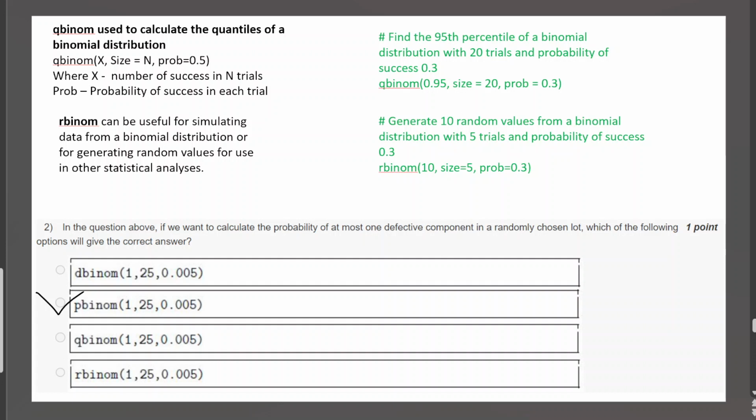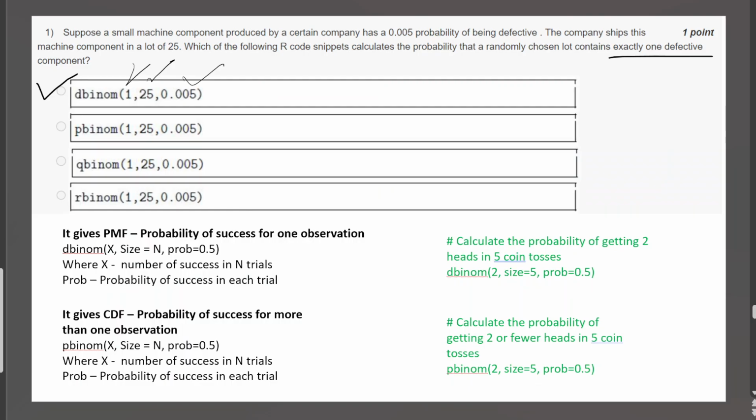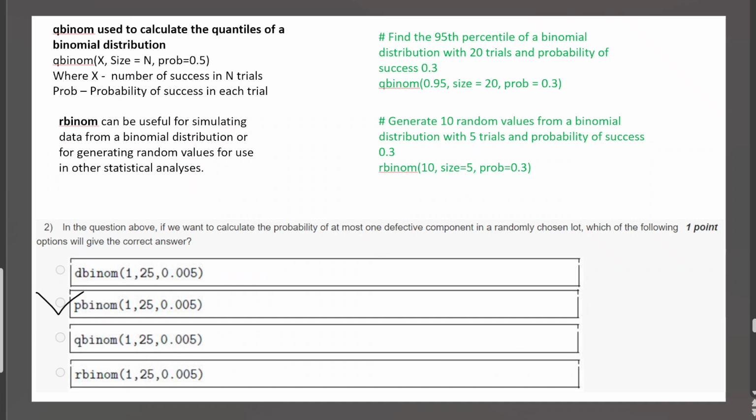I have not discussed this qbinom so far, right? Like pbinom, qbinom we can use to find the quantiles. If I use qbinom of 0.5 with size 20 and probability 0.3, something like that, it will give the median. So it is used for specifying the quantiles.